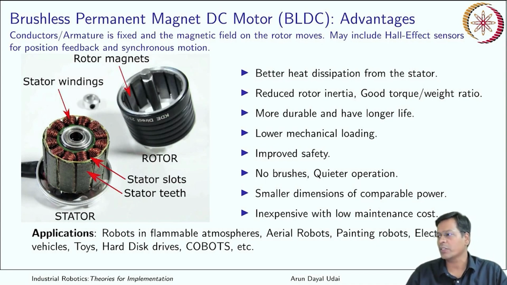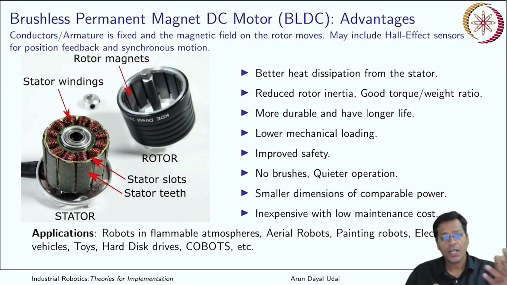Okay, painting robots, again for the same reason, a flammable atmosphere. And electric vehicles: all modern electric vehicles that you see carry this type of motor, which is known as a BLDC motor. Nowadays with digital control systems, they can be controlled to a very good extent, from low speed to high speed with a good amount of torque that it can deliver.